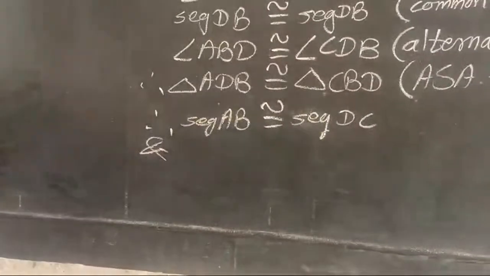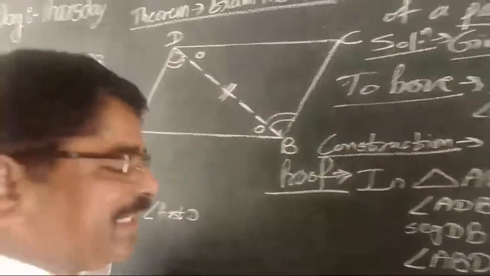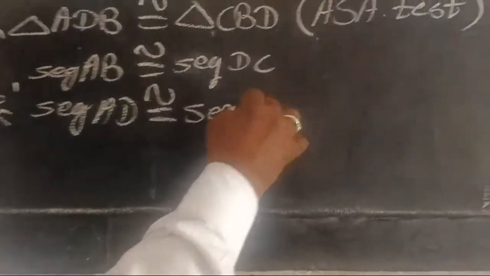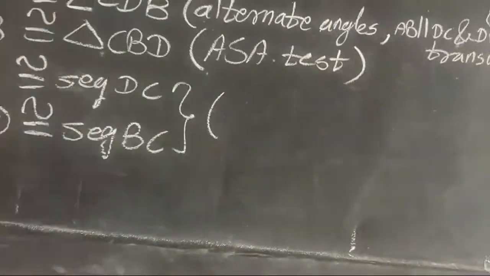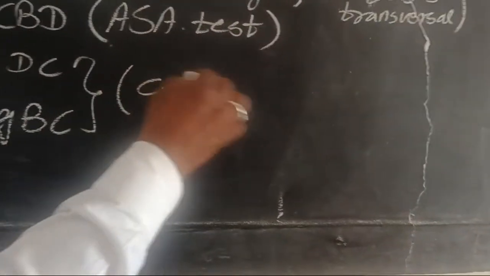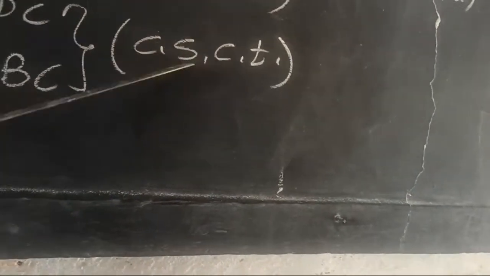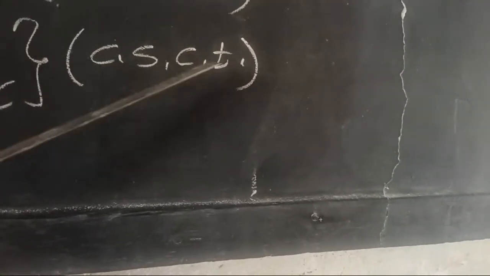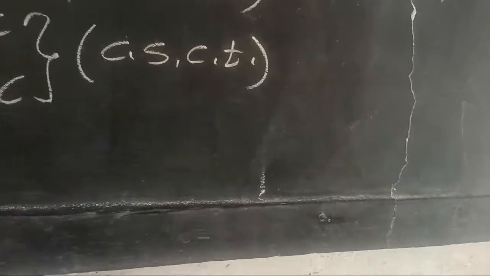And segment AD congruent to segment BC. Good. And tell the reason. CSCT means corresponding sides of congruent triangles. Good.